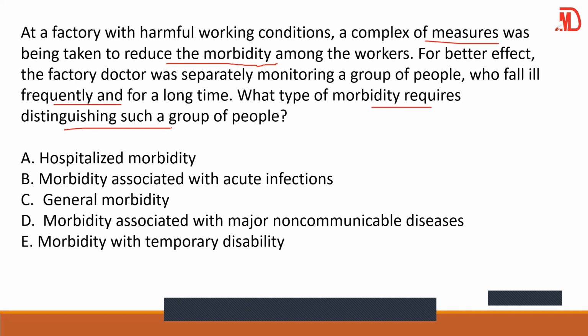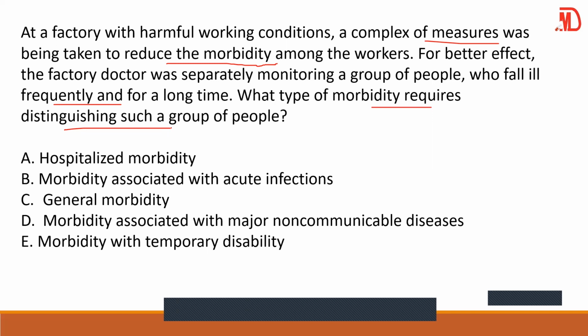But they said for a better effect, the factory doctor was also monitoring a group of people who normally fall ill for a long time. So what type of morbidity requires distinguishing such a group of people?